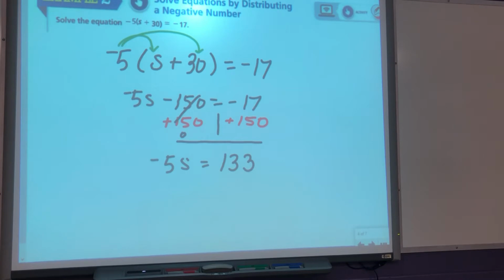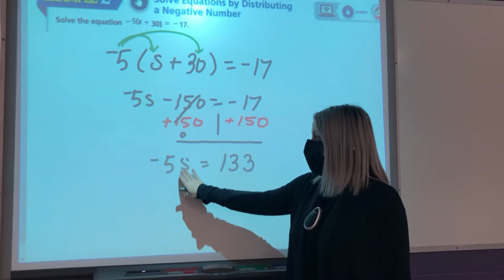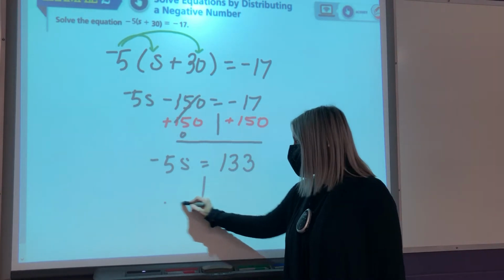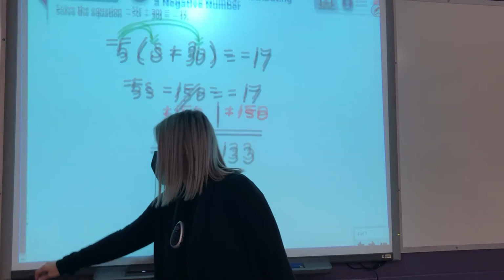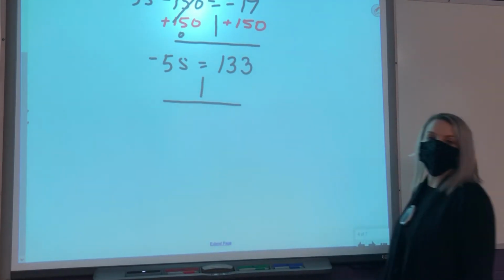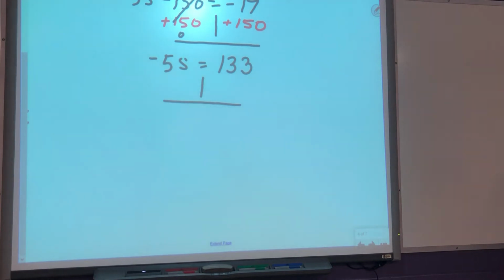So does s equal 133? No, s does not equal 133. You need to then do another set of inverse operations to get your s by itself. So that means another upside down t. So how am I going to get s by itself?